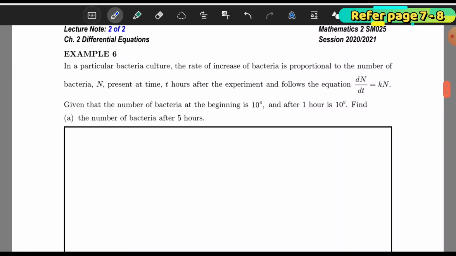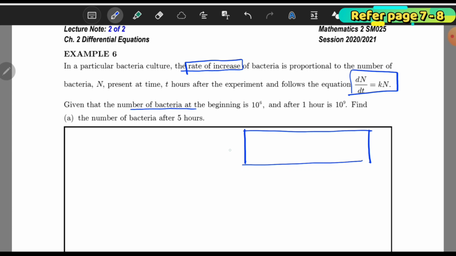Okay, now we go to the example. Example number 6. In a particular bacterial culture, the rate of increase of the bacteria is proportional to the number of bacteria present at time t hours after the experiment and follows the equation. Given that the number of bacteria at the beginning is 10^6, we can construct a table to write all the given information.